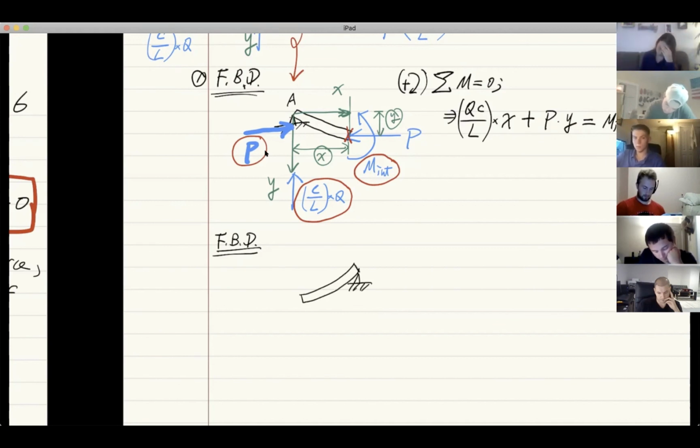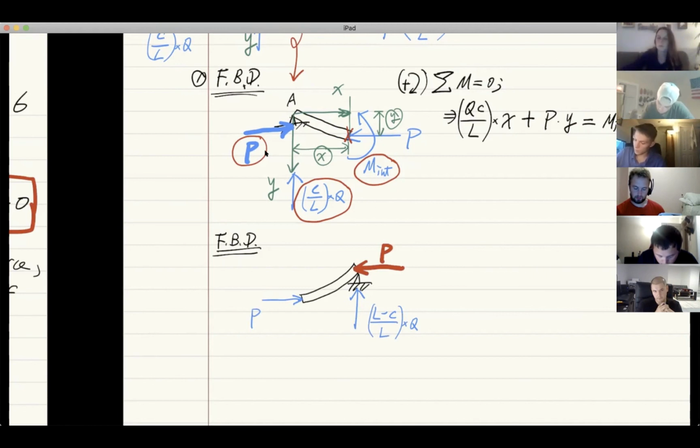We already know that there is a force P here. Internally, there's a force P here. And we also already know that in the vertical direction, this is L minus C divided by L times Q. And the direction of the internal moment is this one here. That's the internal moment.